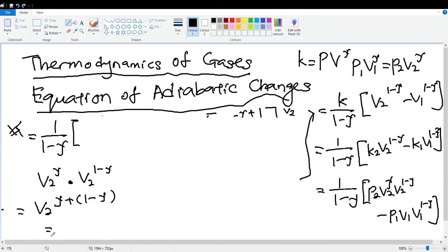So what I get for the final result is V2. So I can say that these three unknowns will finally equal P2 V2. Since this one is only V1, the same goes with the initial, which is P1 V1.